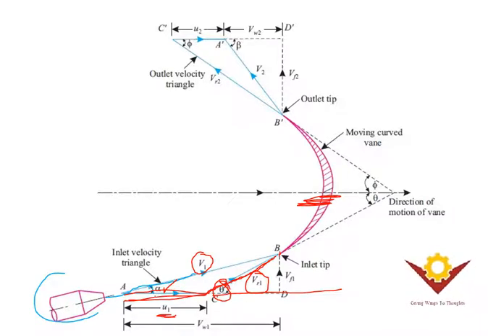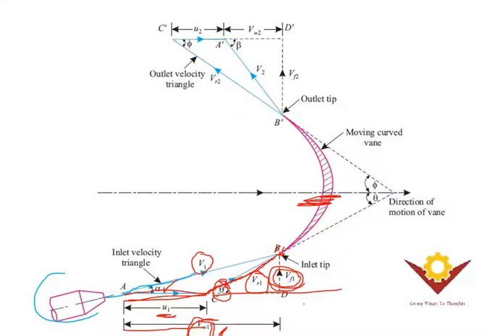Okay, here the alpha is jet angle and theta is the blade angle. And now here the Vw1, which is the whirl velocity, and this one is your flow velocity. So this one is your whirl velocity, and this is your flow velocity of the inlet.